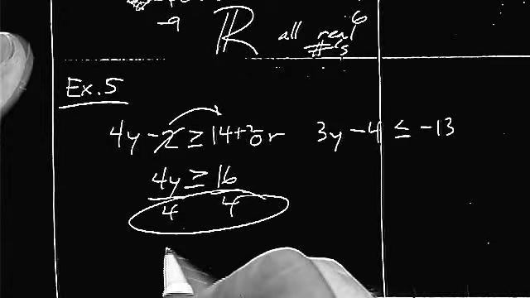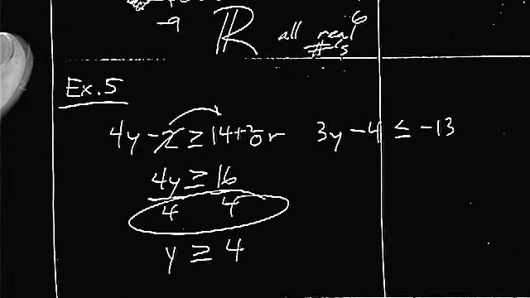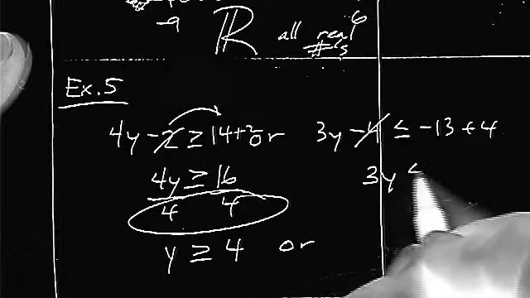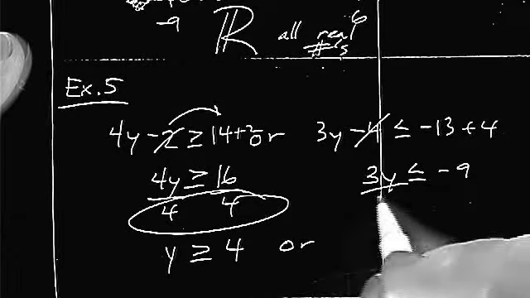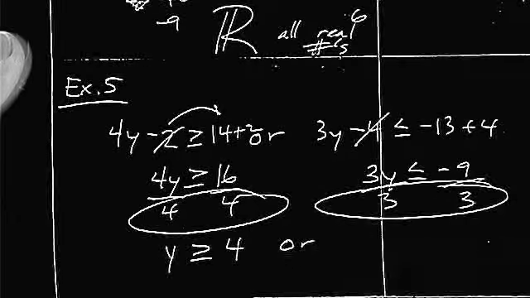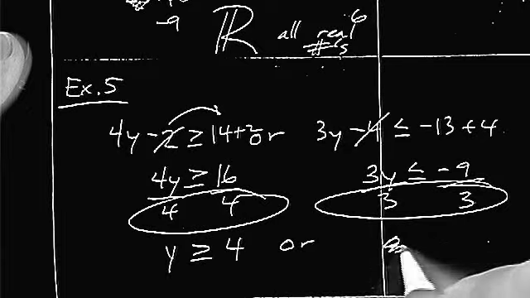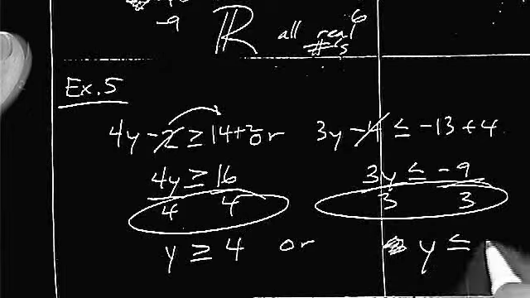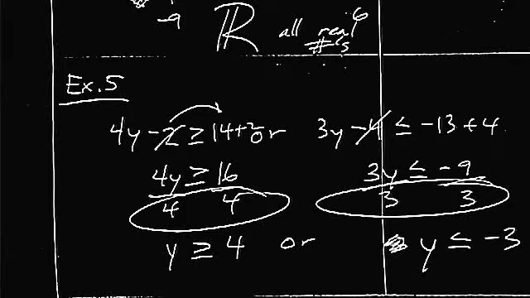Since that's a positive number, I'm not switching the sign. And I'm adding the 4, and I've got 3y is less than or equal to negative 9, and I'm dividing by 3, and since that number is a positive number, oops, I do not switch the sign.